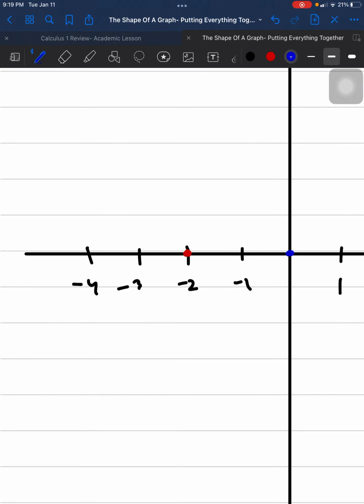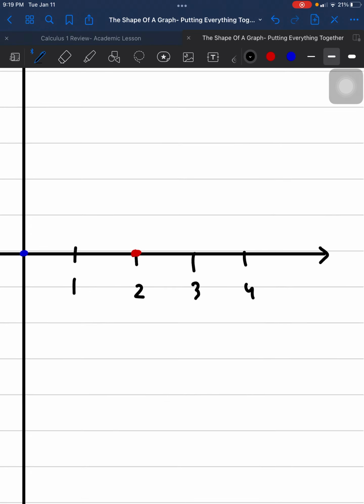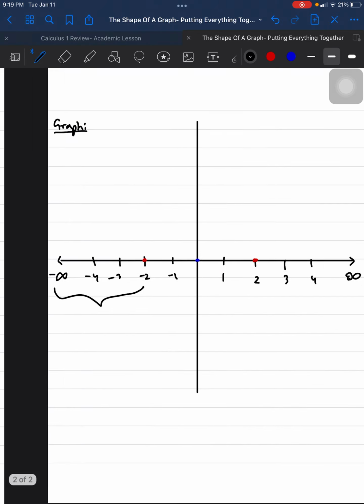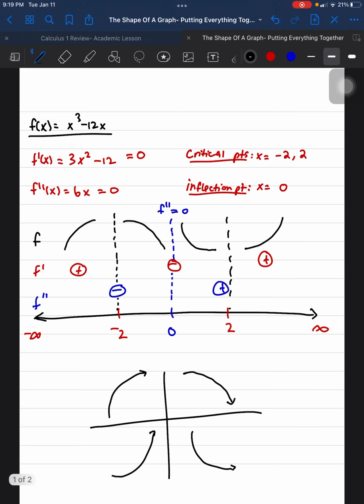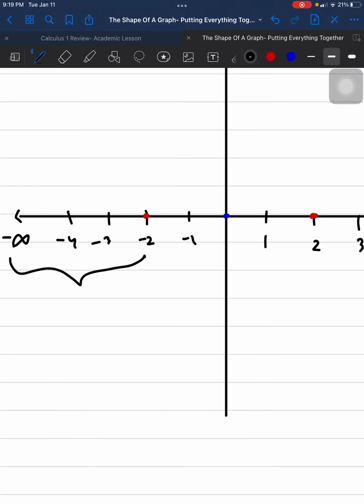So this first subregion is -infinity to -2. So we know -infinity is here, so it's from here to here. And this right here is just positive infinity. So we're looking at this region right here. What we determined is that f of x is increasing, but it's concave down from -infinity to -2.